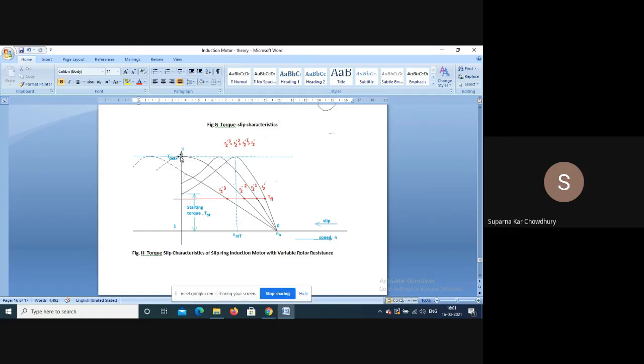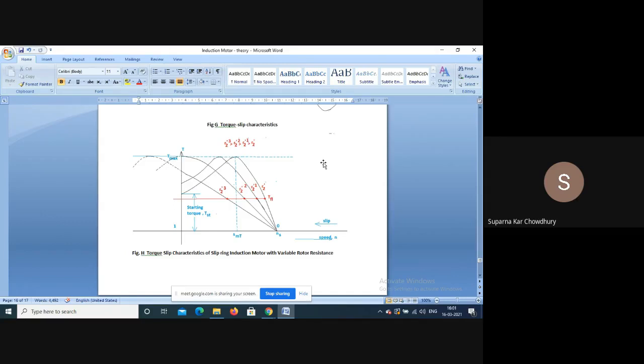So there is a value of resistance, say R2-2, for which the maximum torque itself occurs at starting. If we increase the resistance more than that, maximum torque will occur in this range. So this is the slip ring motor torque slip characteristic with varying rotor resistance.